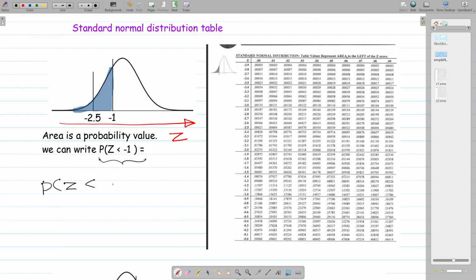This one -2.5 means -2.50. So the first column, and this is the area. So this area is 0.00621.